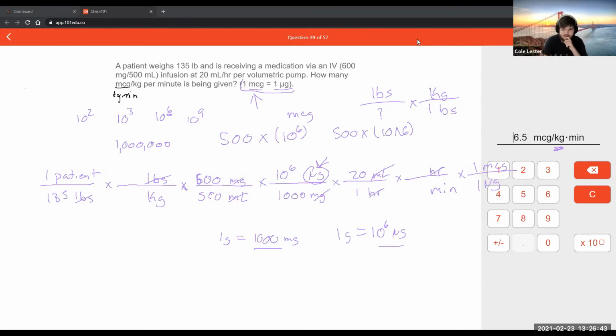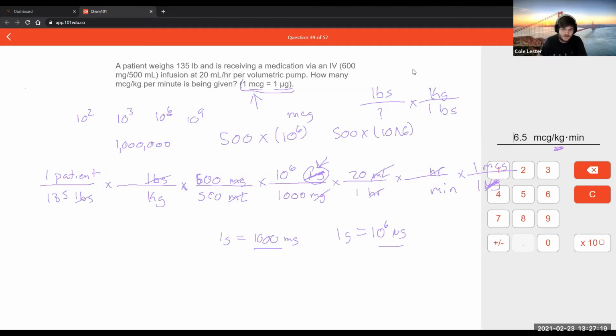It's just changing your unit really quick. Oh, okay. So that would cross that out, and we're left with MCGs on top. I think MCG is just something they use in the medical field instead of this Greek letter that we use in chemistry and biology. So I think they mean exactly the same thing.